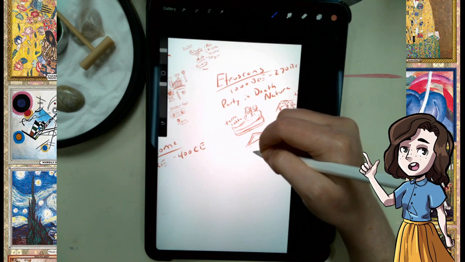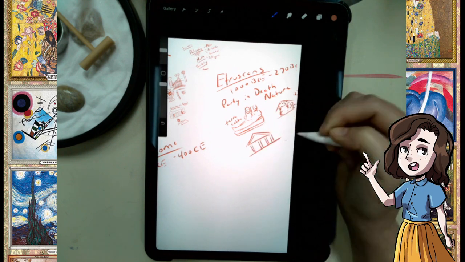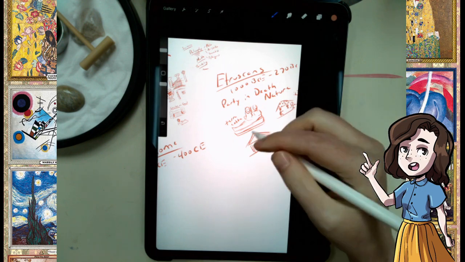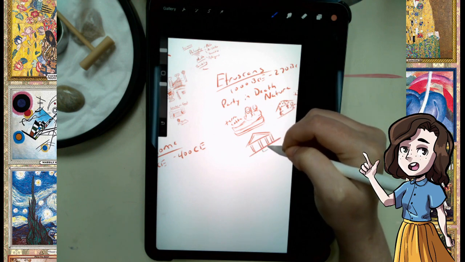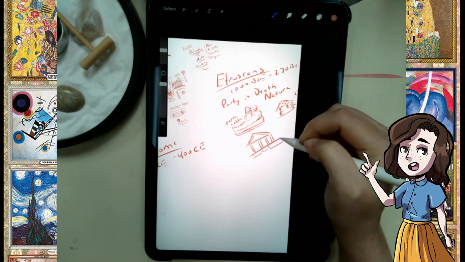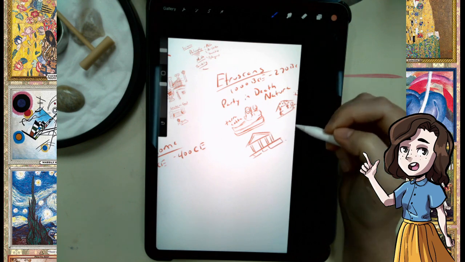So the Temple of Minerva is using the same kind of architectural style as the Greeks, where we have columns, we have a pediment, we have it raised on a platform, so very similar to the Parthenon, but done in a very different way.